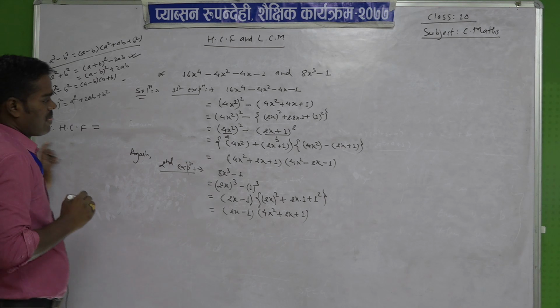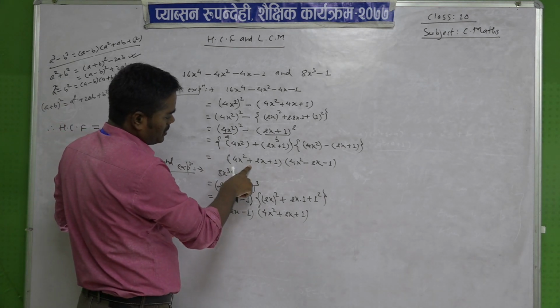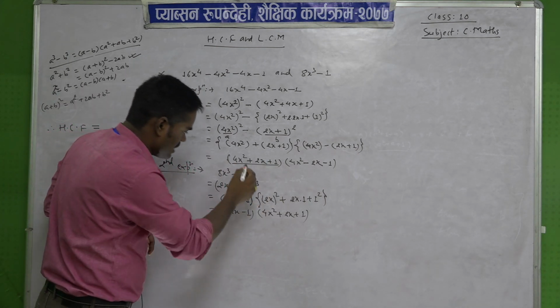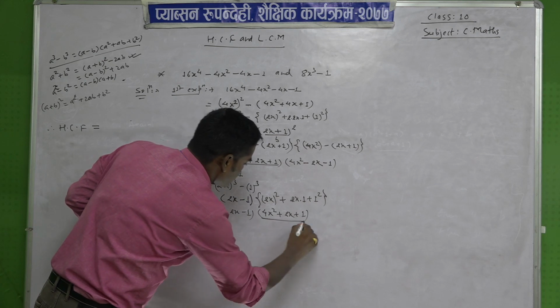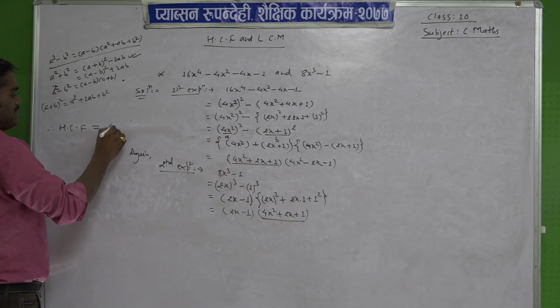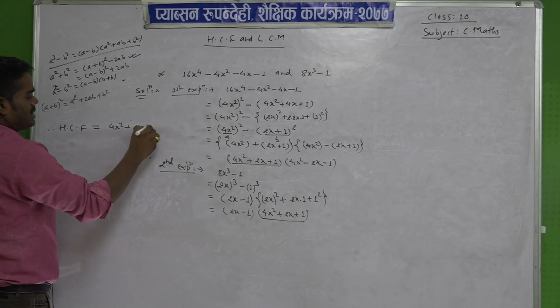So, what is common here? You are watching here 4x square plus 2x plus 1 is in the first expression as a factor, and in the second expression also as a factor. So, this is the SCF. Right here SCF will be 4x square plus 2x plus 1.